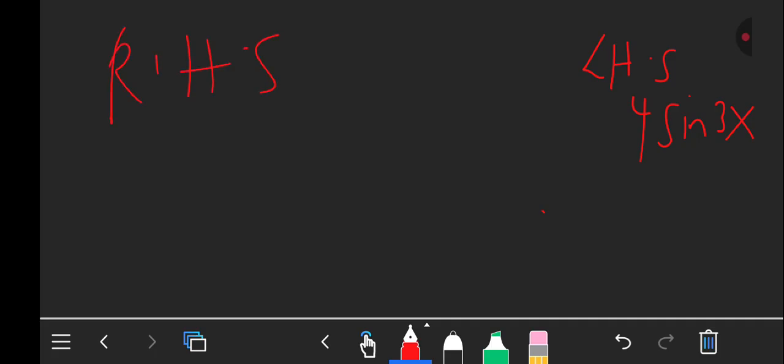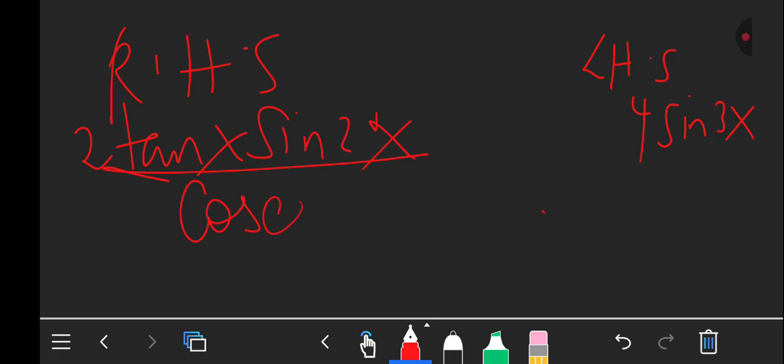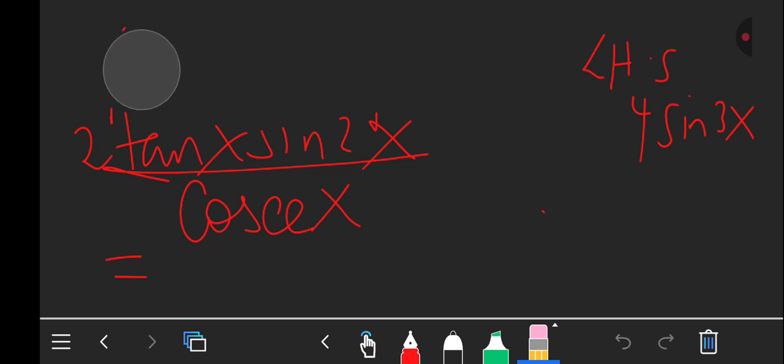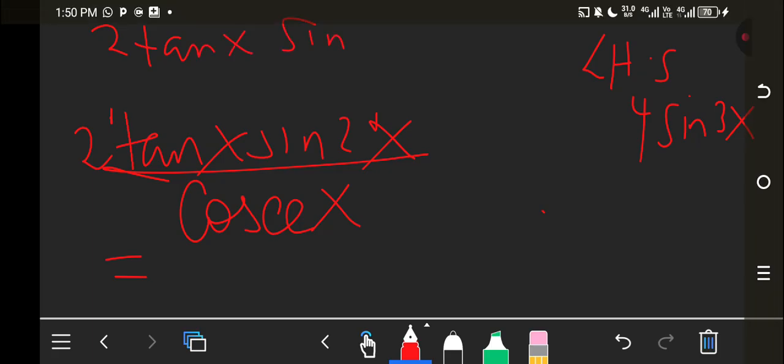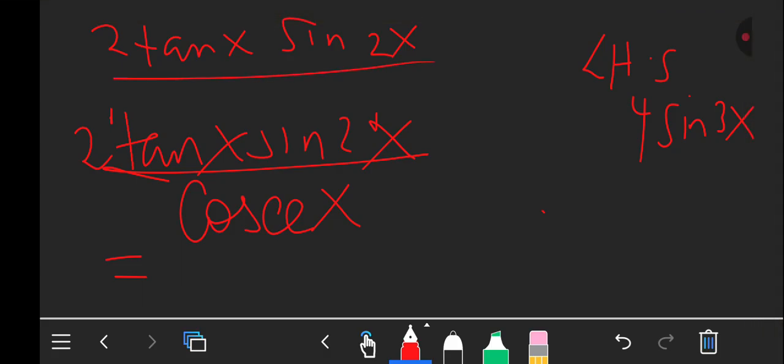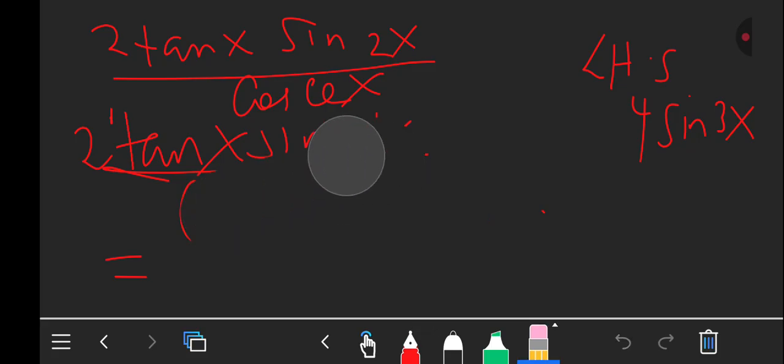So the right hand side was 2 tan x sine 2x, then everything was over cosec x. So you can do something here. Let me just write it a bit on the top. So it is 2 tan x sine 2x over cosec x.